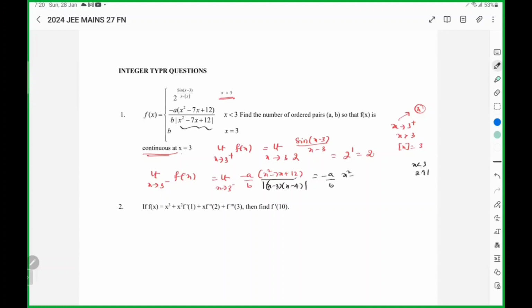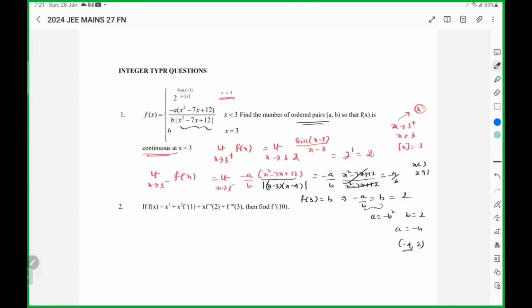So you can straight away write as it is because inside the modulus is positive a by b. And f of 3 here is b. So since it is continuous, left limit functional value are equal to, that is 2. Once b is 2, so here from this, a is minus b square, b is 2, a will be minus 4.